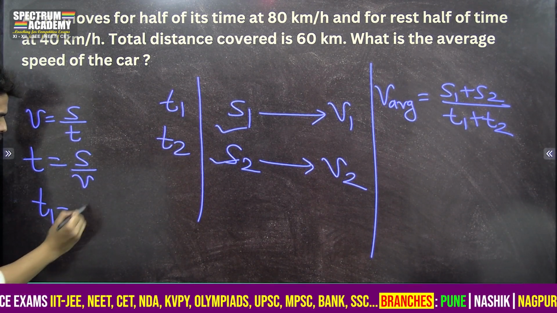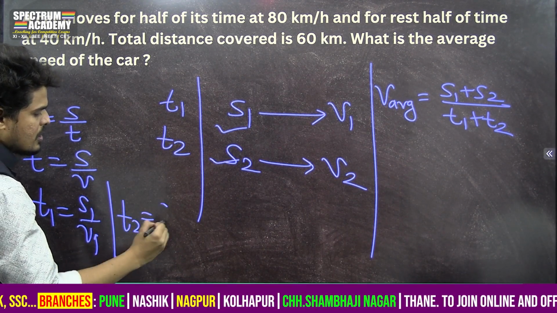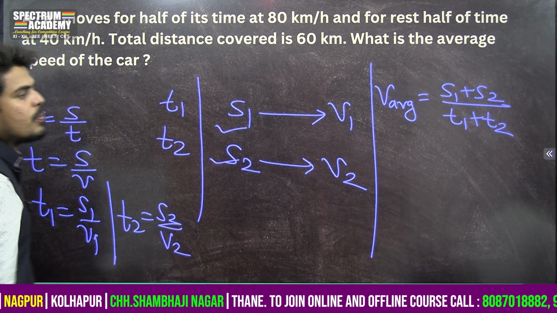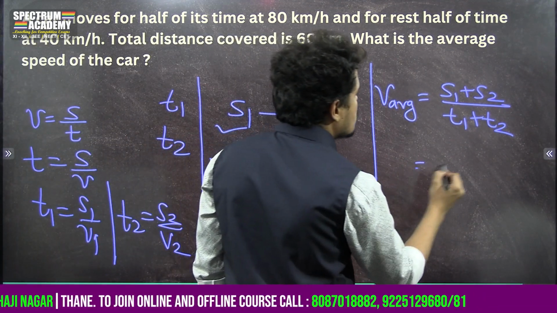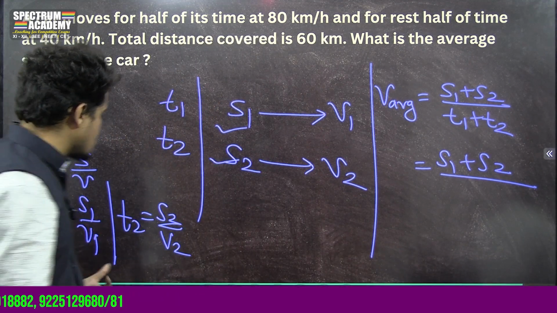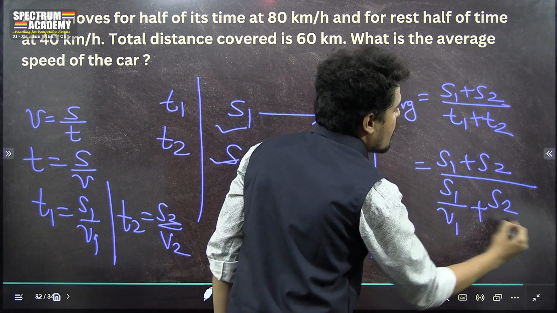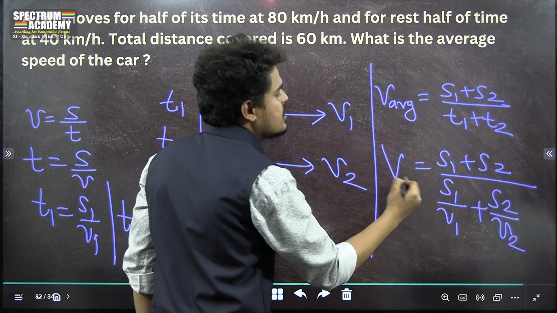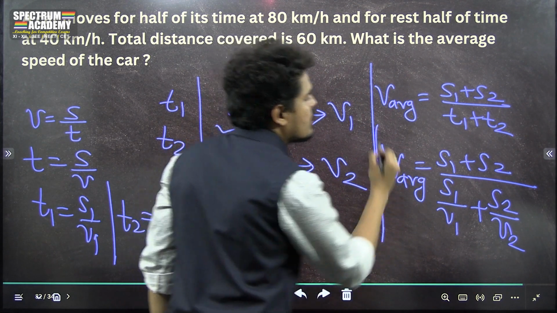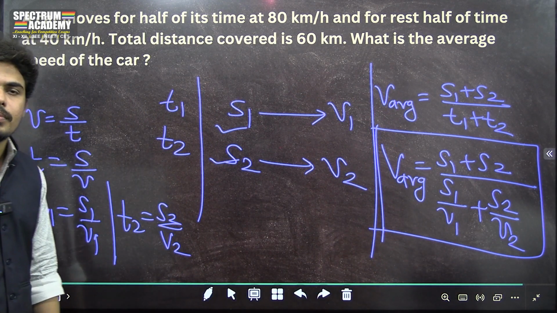So t1 equals s1 upon v1 and t2 equals s2 upon v2. Putting the values here, s1 plus s2 upon s1 upon v1 plus s2 upon v2. So this is the final formula for v average if we don't know about the timings.